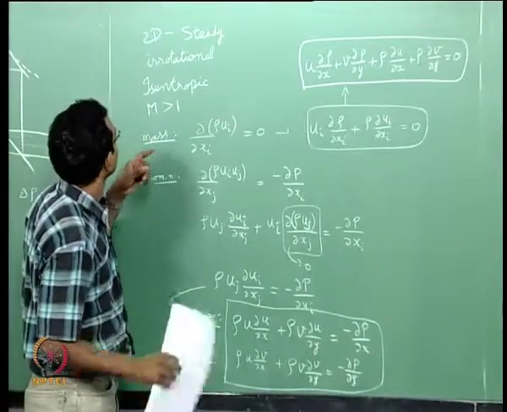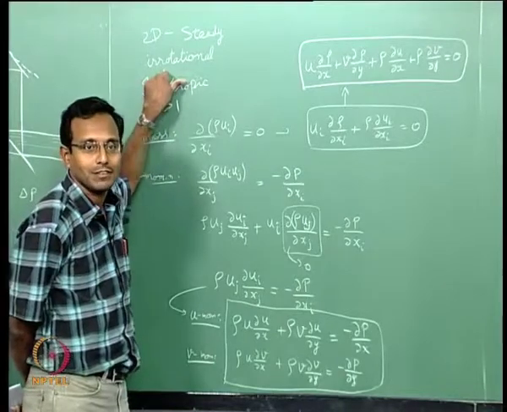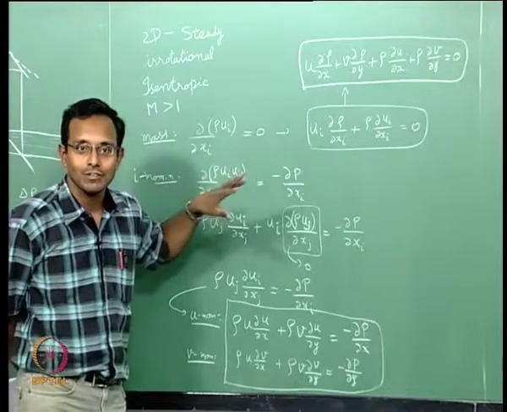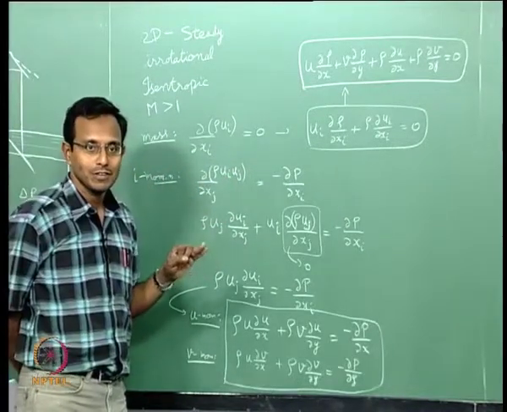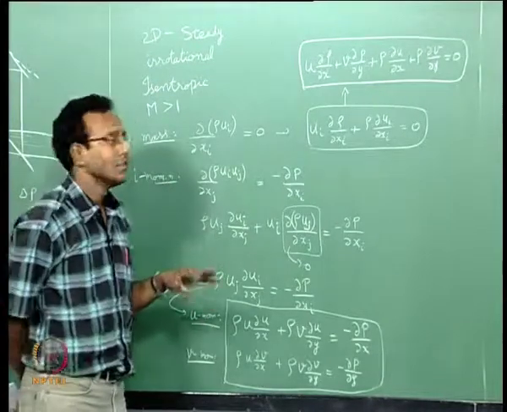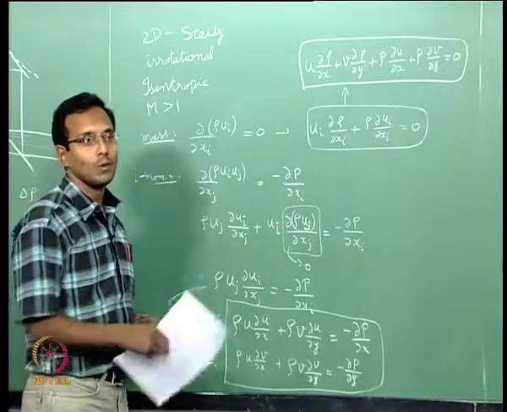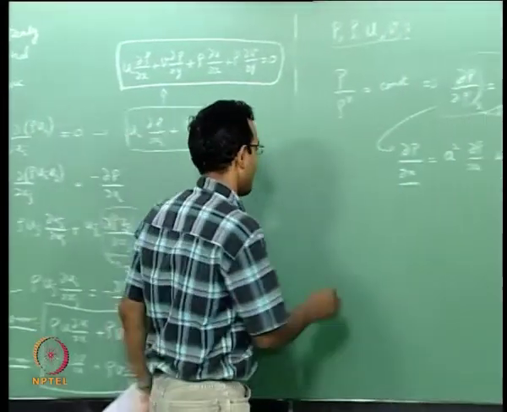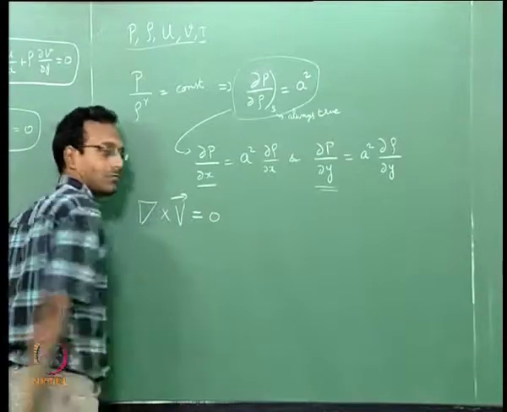We want to put in this condition, irrotationality, which we did not use yet. Till now, if I solve all these equations, my flow will be satisfying the mass and momentum equations and the isentropic conditions, that is all. It will not do anything more than that. Now I want it to be irrotational flow also. How will I force this? I have to tell that del cross V equal to 0.